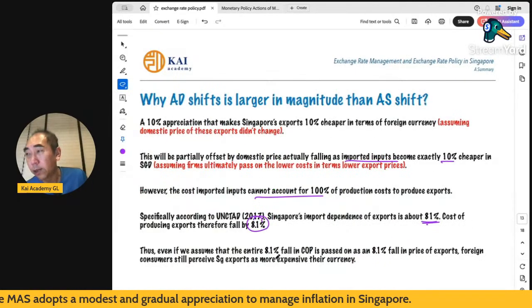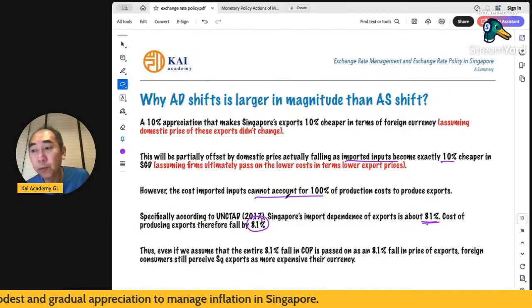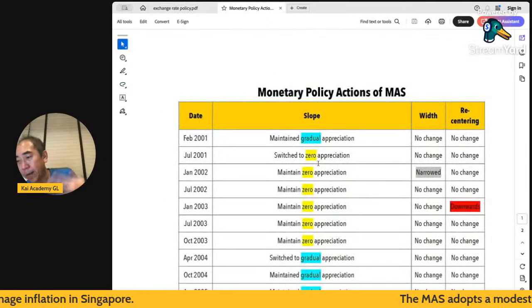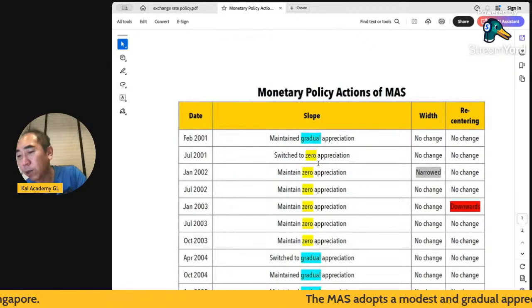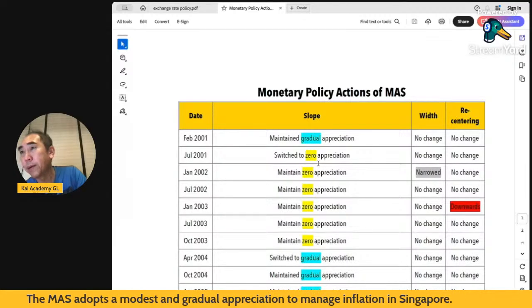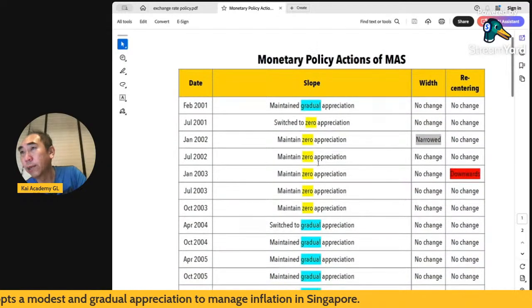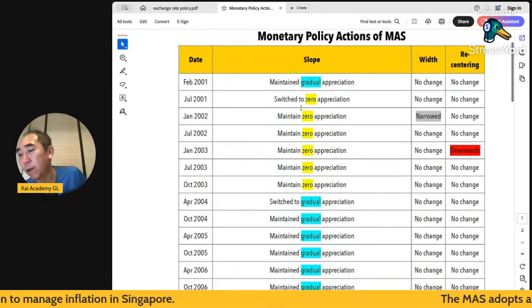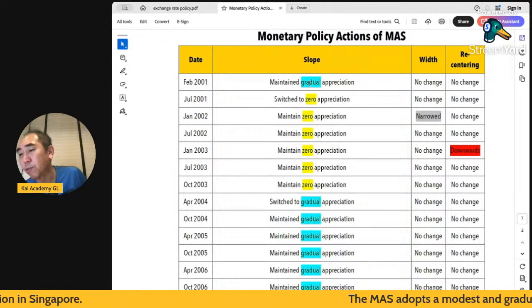Now, just to give you a sense of how this has actually played out in Singapore, if you look at the last 25 years of data, I managed to get the data from the MAS website to look at the past 25 years of policy action. So starting from 2001, we had maintained a gradual appreciation.